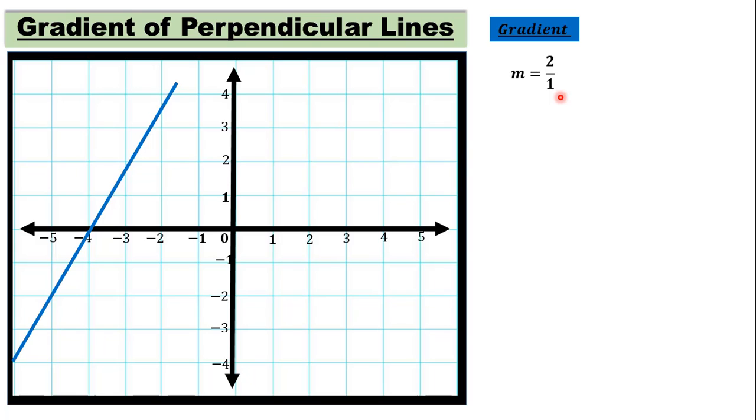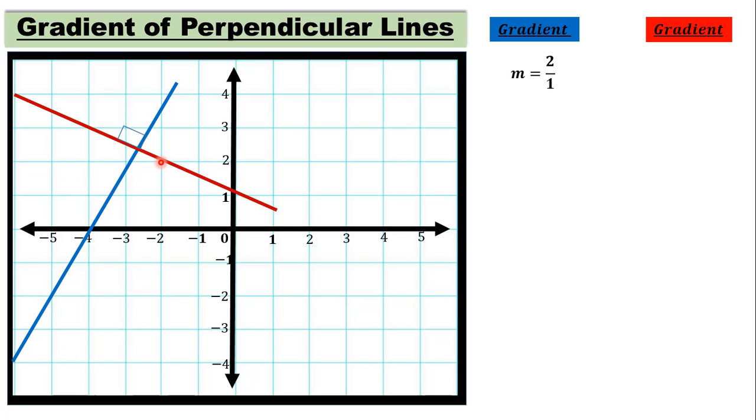Now consider another line in red, which is making an angle of 90 degrees with the blue line. Means these both lines are perpendicular to one another. And now if we consider the gradient of this red line, we see that for every 1, 2, 3, 4 units in x direction, it is falling down 2 units in the vertical direction.